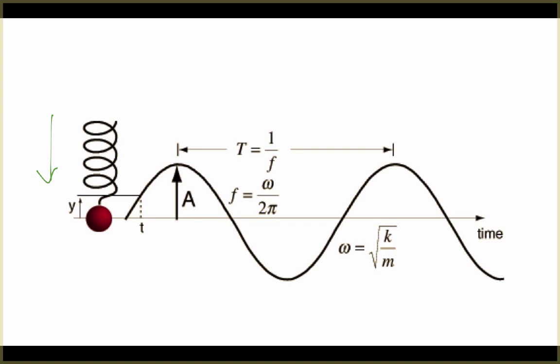Basically, we're saying how much time does it take for one cycle. Time equals 1 over F, which is frequency.